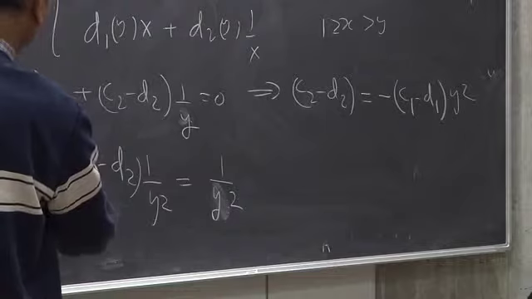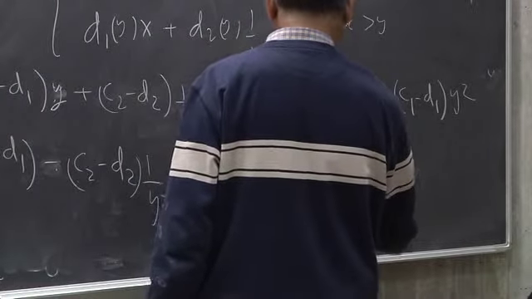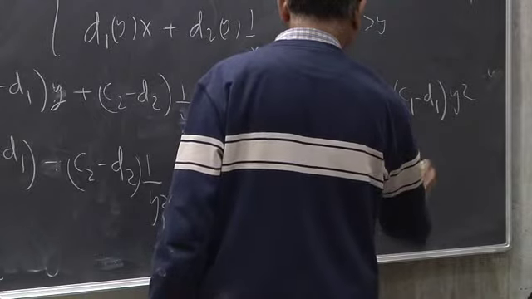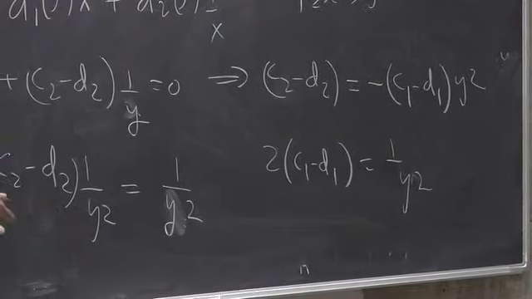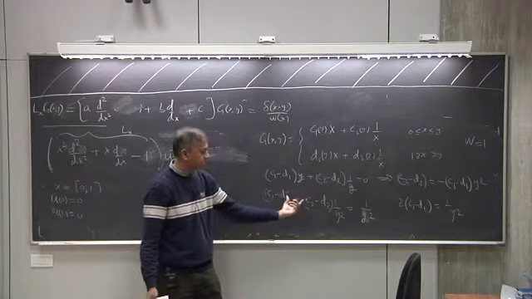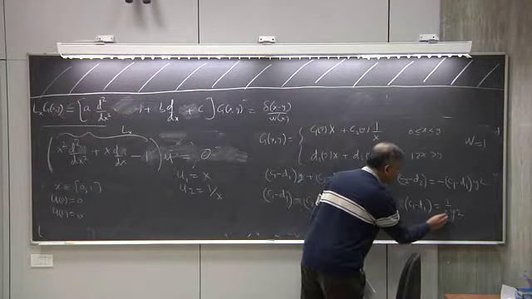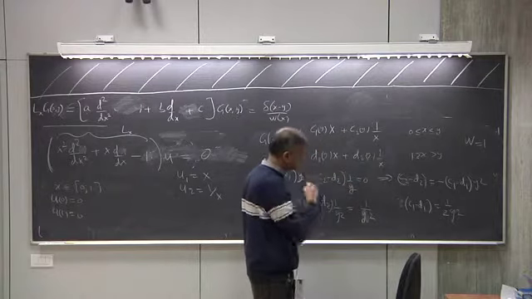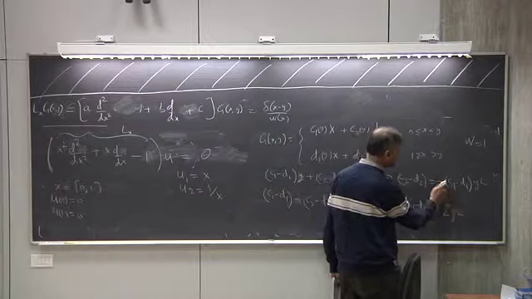The minus becomes plus, y square cancels, and these two add up to give you a factor of 2. So it becomes 2 times (c1 minus d1) equal to 1 over y square. So c1 minus d1 is this divided by 2y square. And therefore, c2 minus d2, y square cancels, so it's simply minus half.